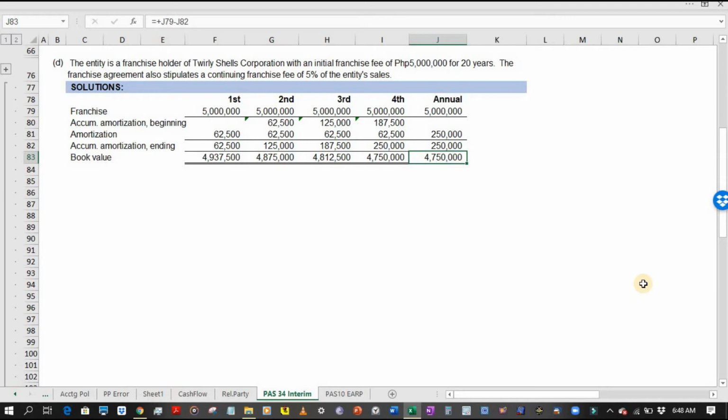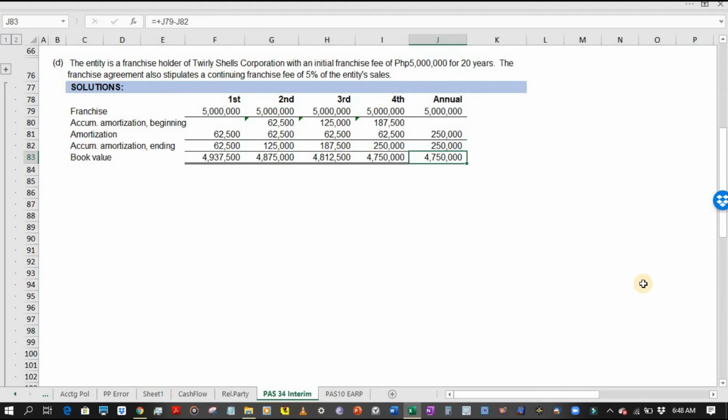So now let us proceed with the continuing franchise fee. Since it will be 5% of the entity's sales, it means that we are going to follow the concept of cause and effect. For the cost, it is the sales and the effect will be the expense.